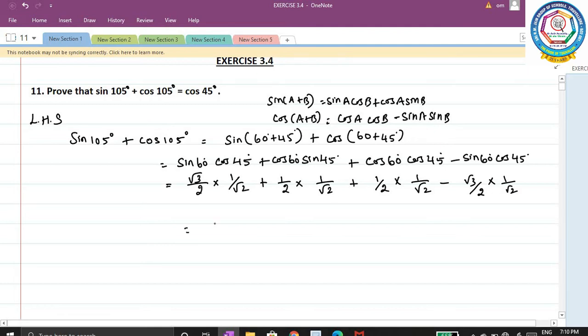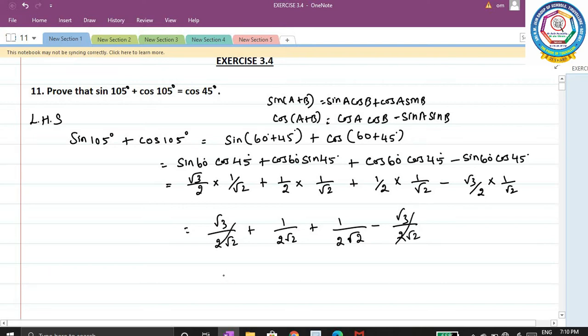Here root 3 by 2 root 2, plus 1 by 2 root 2, plus 1 by 2 root 2, minus root 3 by 2 root 2.